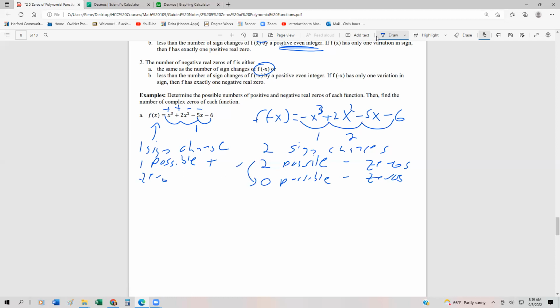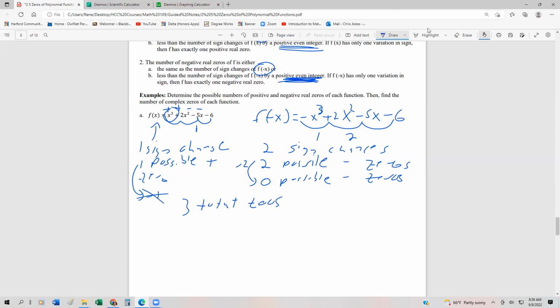Each time, remember, we said that the sign changes by a positive even integer. So each time, if we can subtract 2, we do. Now over here, if we subtracted 2, that would be negative 1, and that doesn't make any sense. One other thing to remember is that the degree is 3, so there are 3 total zeros.